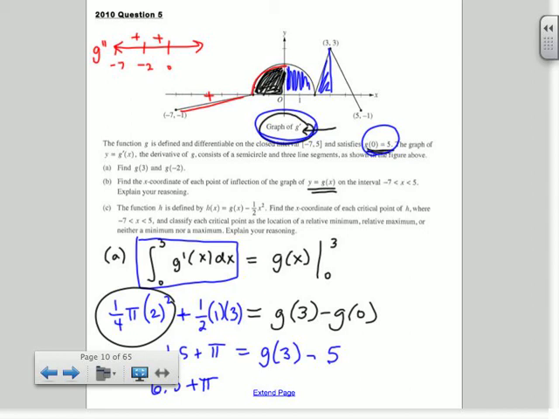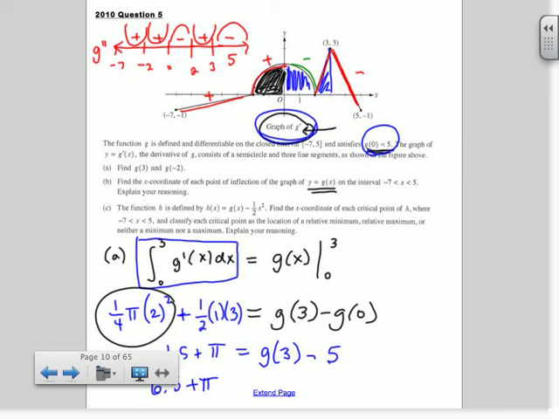And then all of a sudden at 0, my slope becomes negative. Then it's positive from 2 to 3. And then the slope is negative from 3 to 5. So I kind of drew out the chart that you're familiar with. This means we're concave up, down, up, down.